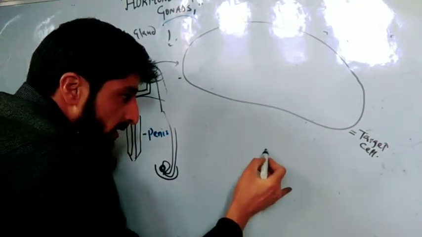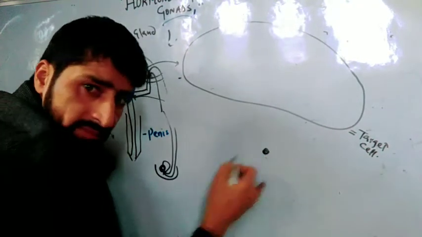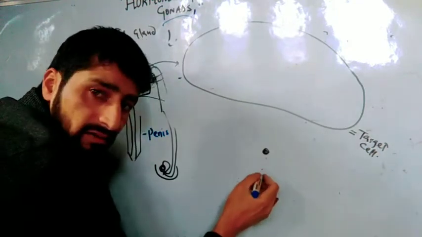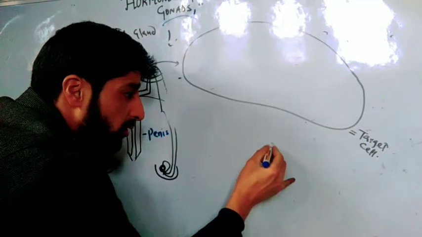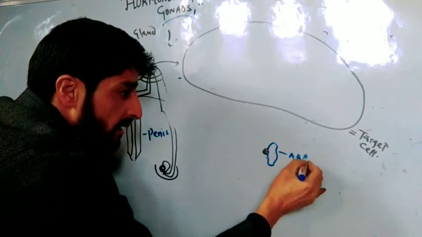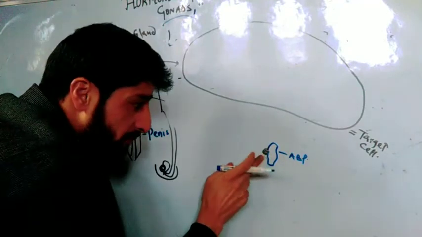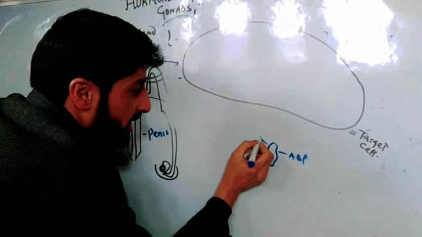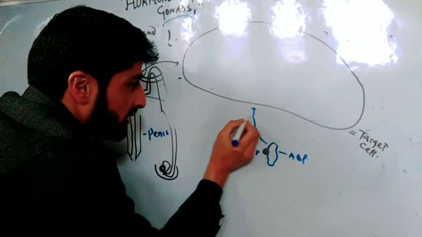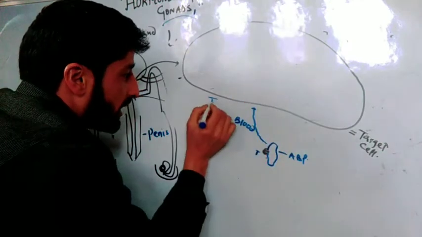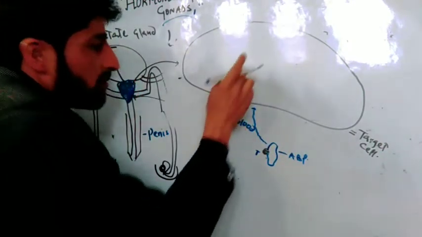Now, here it is the hormone that you call testosterone. This hormone was bound with the carrier molecule. That carrier molecule you call ABP, and this carrier plus hormone, here testosterone, was carried via blood up to the target organ. Here the target cell is a cell of the prostate gland.